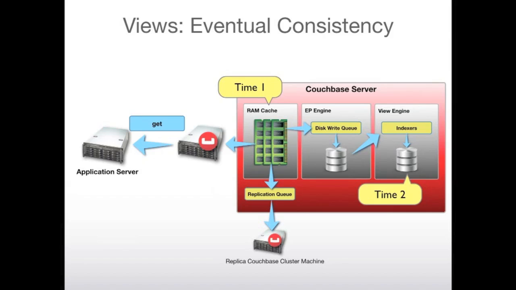Because there's a gap between time 1 and time 2, by definition, it's eventually consistent. So indexes are eventually consistent, while our CRUD operations and Couchbase itself are actually consistent with your data. So just so you understand the difference between the two, your data is consistent, your indexes are eventually consistent.